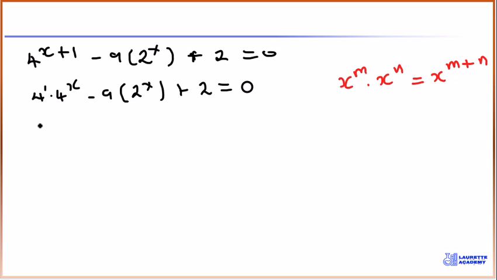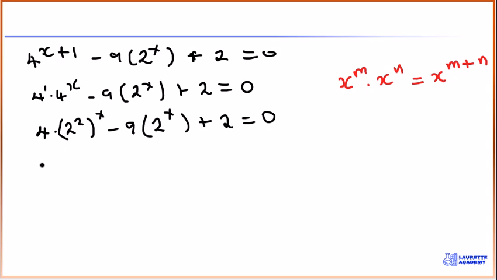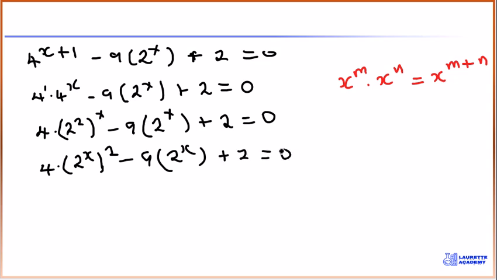So we have that 4 times, we can write 4 as 2 squared, so this will be 2 squared raised to the power x minus 9 times 2 to the power x plus 2 equals 0, which we can write just as before as 4 times 2 to the power x, squared, minus 9 times 2 to the power x plus 2 is equal to 0.